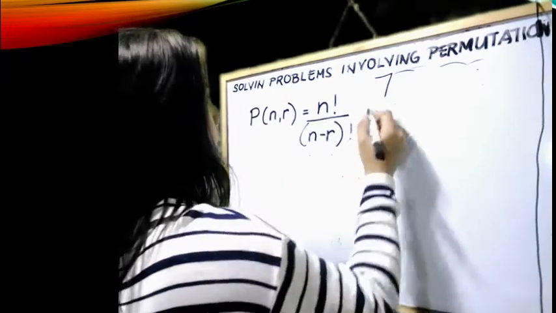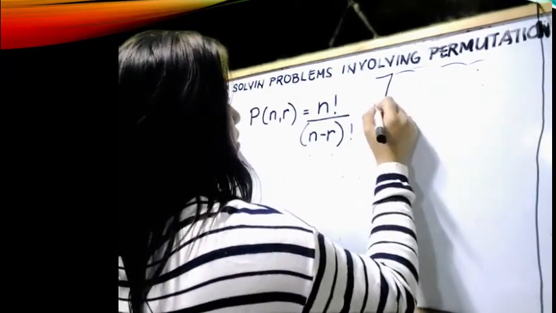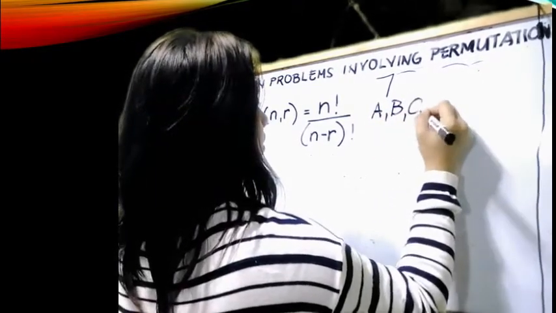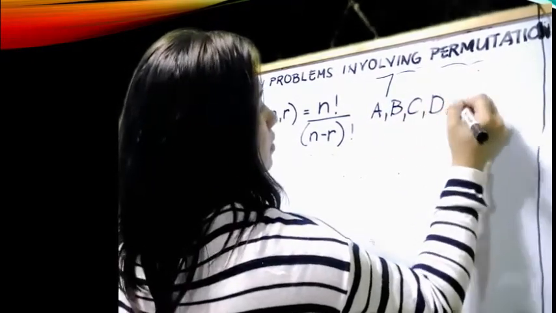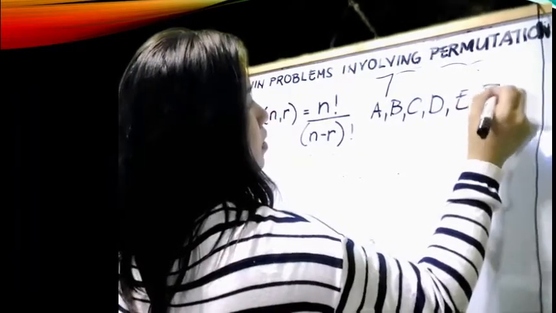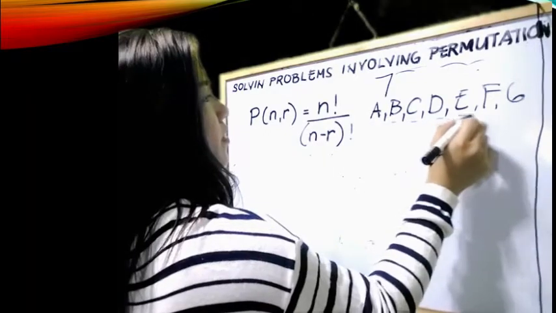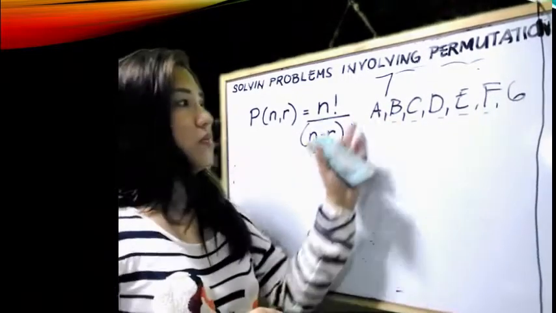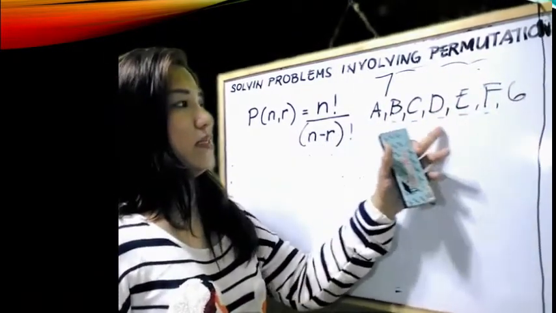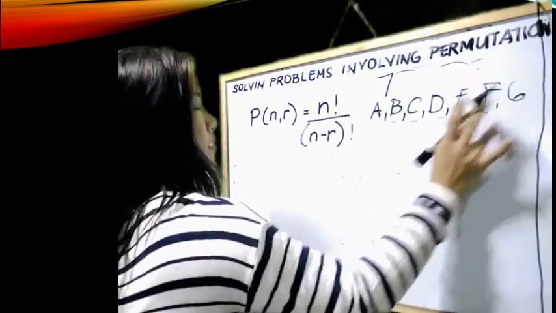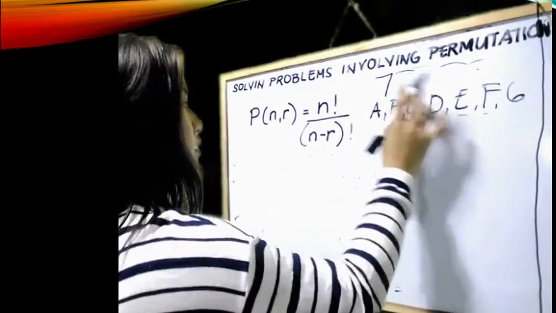So, let's name those members. Let's say these are your initials, A, B, C, D, E, F, G. So there are 7. These letters A, B, C, D, E, F, G represent the initials of the 7 people in a group.